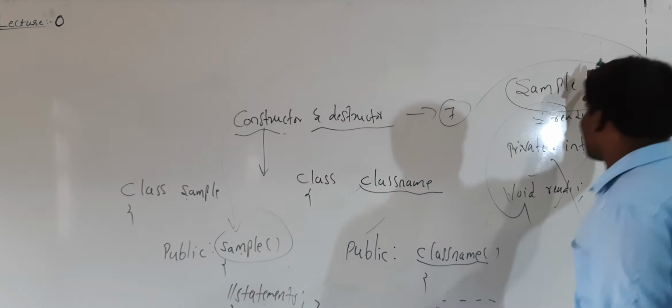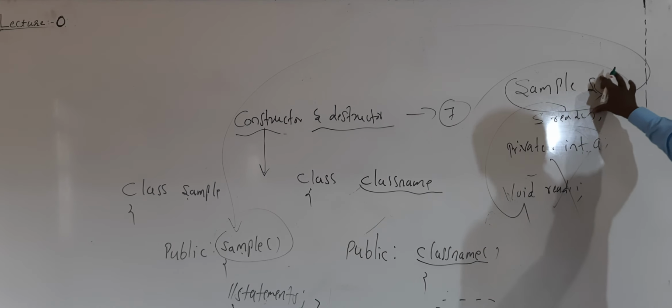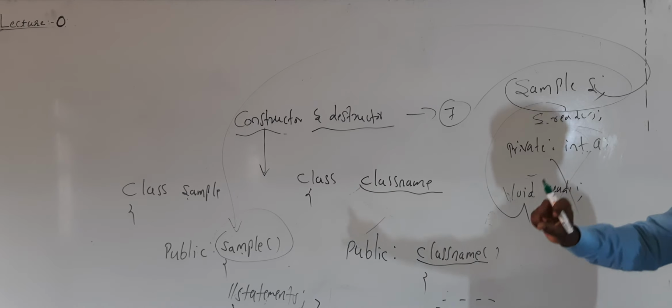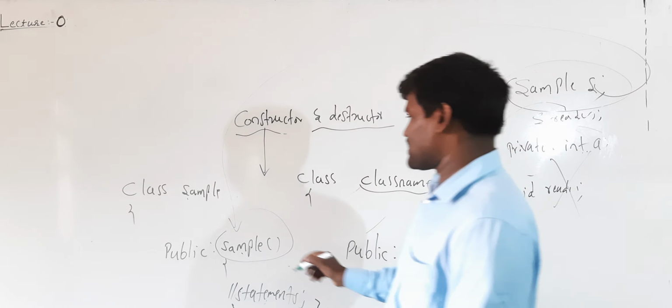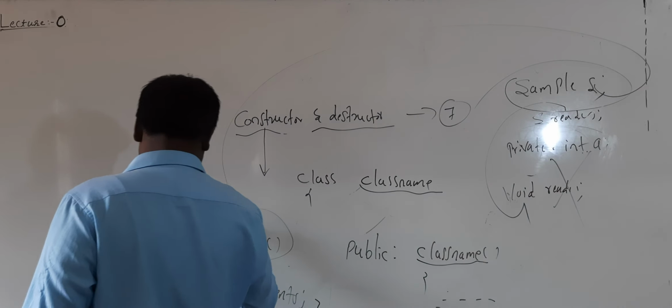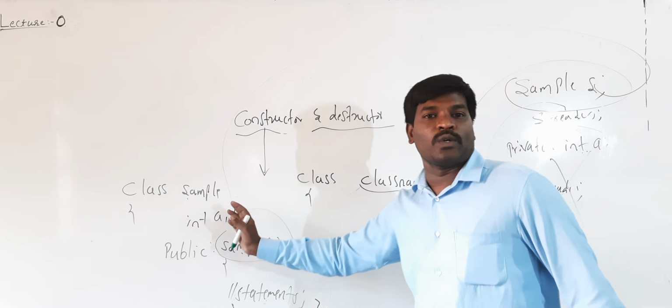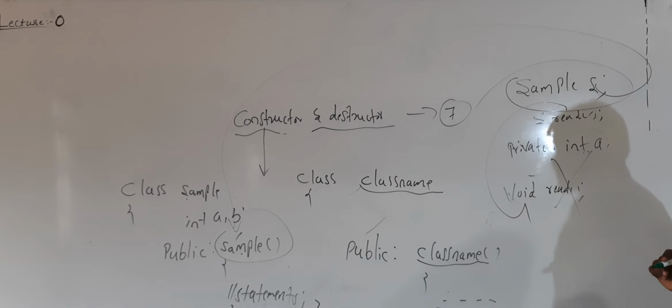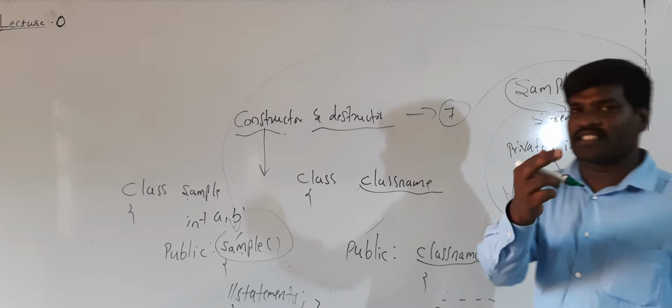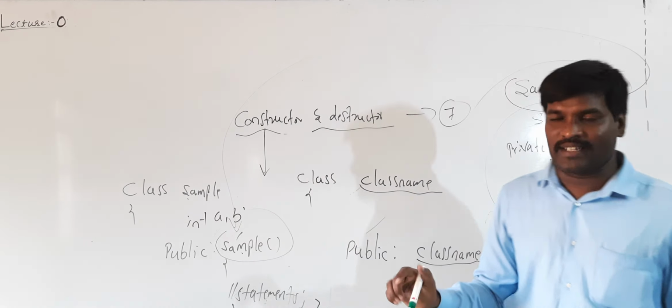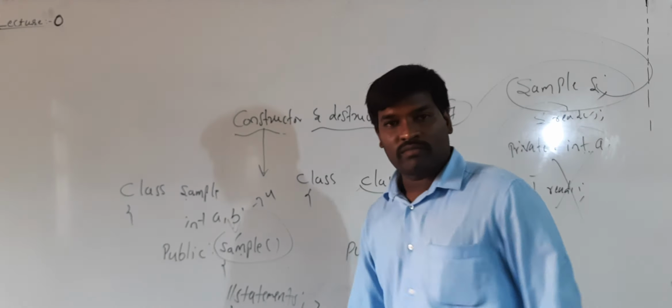And when the object is created, automatically the memory will be allocated for the variables. For example, if I mention int a comma b, these two variables are active when the object is created. Here the size of integer is 2 bytes, so two variables means 4 bytes.